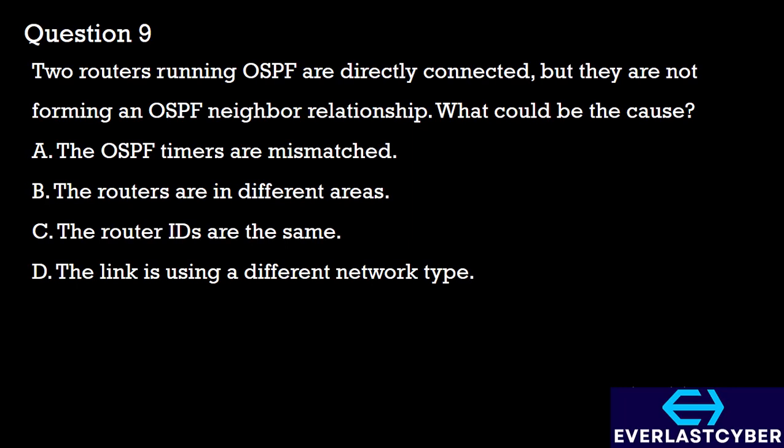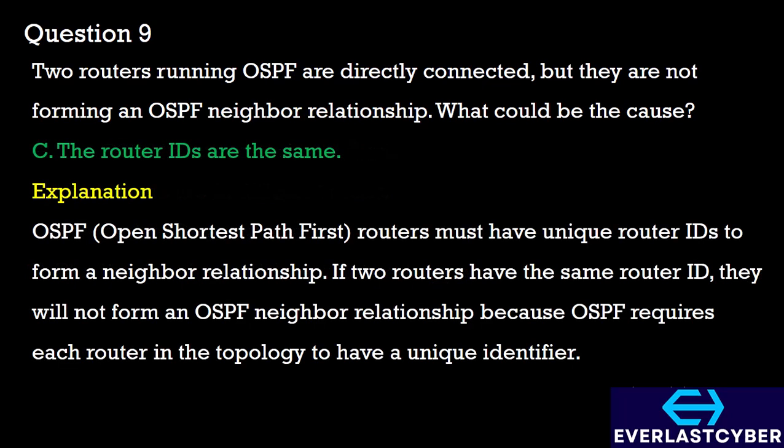In option D, different OSPF network types can affect the OSPF behavior, but this will generally cause specific adjacencies to behave differently rather than outrightly preventing the formation of a neighbor relationship. So, in a case where two routers running OSPF are not forming the OSPF neighbor relationship, it could be that the router IDs are the same.